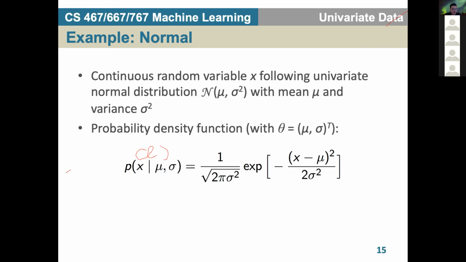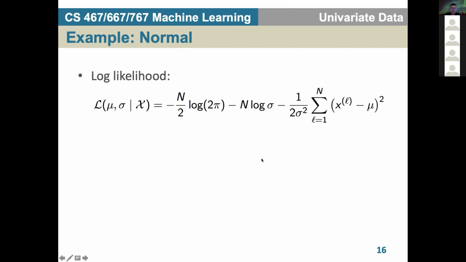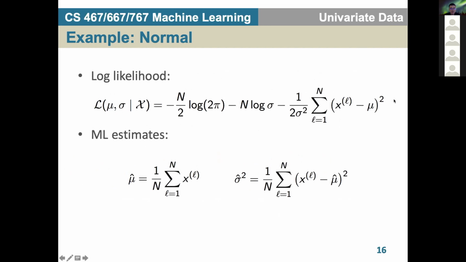We first take the log over this term. So this will be log of the first term plus log of the second term. Log is log base e, so with the exponential, you cancel. The second term is really just minus this. If you look at the next page, it's really this term here.